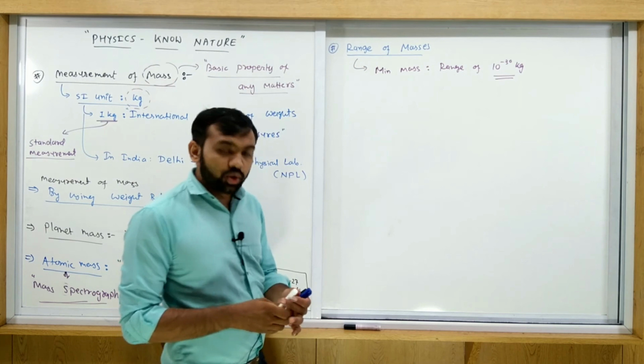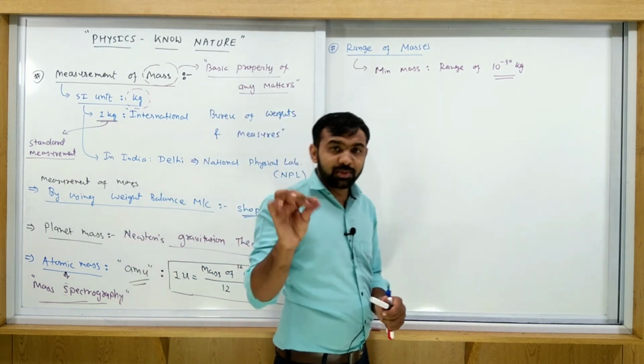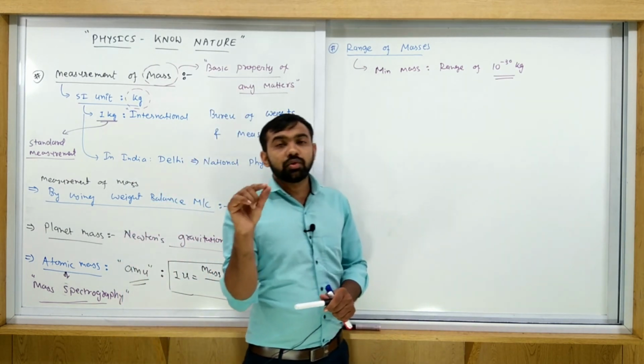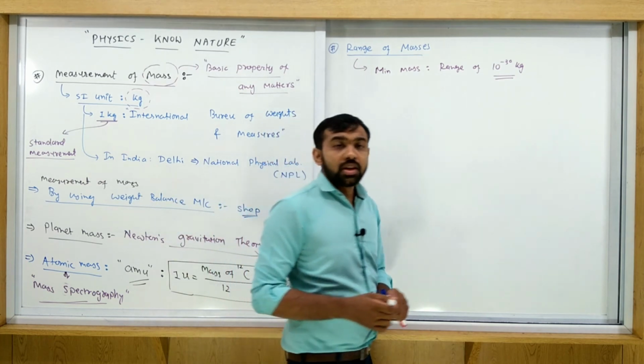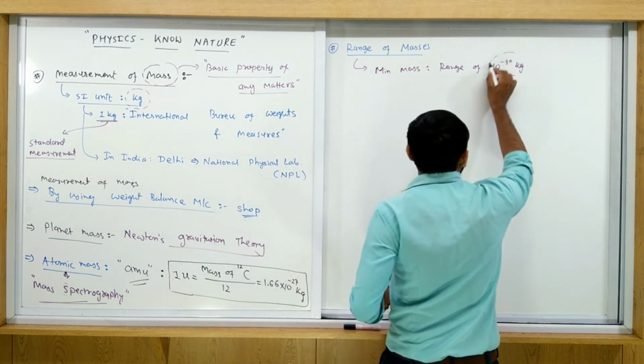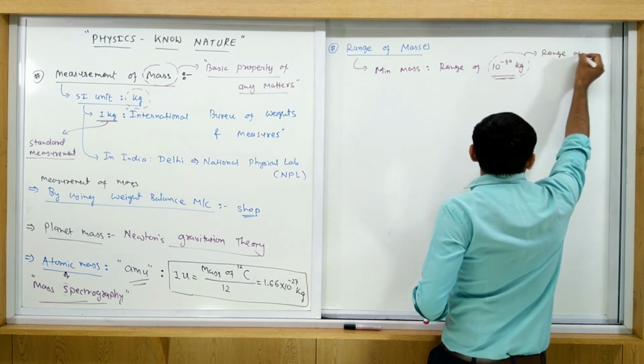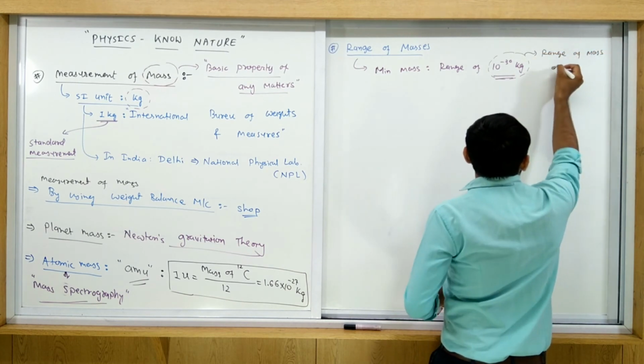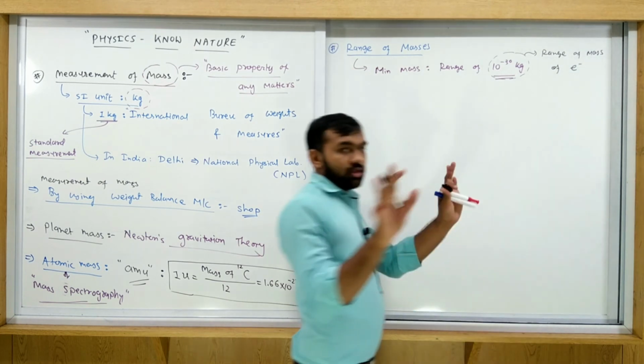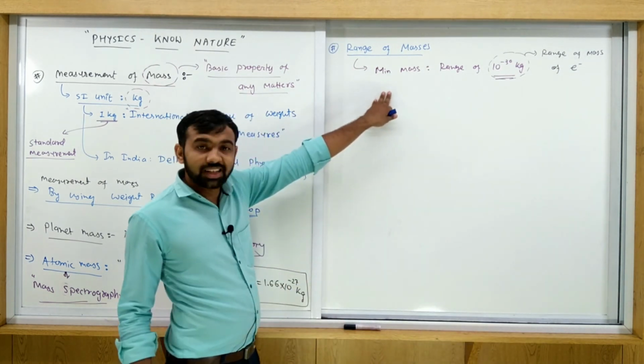If you consider the electron, the mass of an electron is equal to 9.1 into 10 raised to minus 31 kg. So this is in the range of the mass of an electron, a very small mass. So that is the minimum mass.